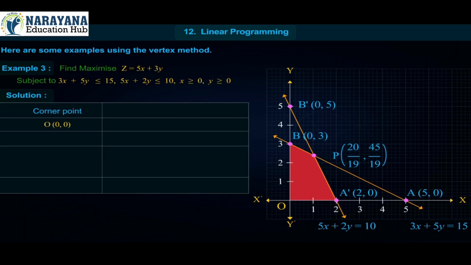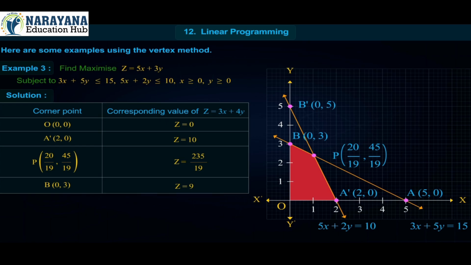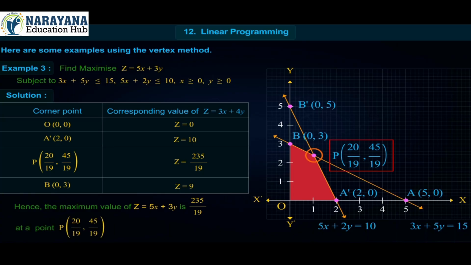Corresponding values of z equals 5x plus 3y are z equals 0, z equals 10, z equals 235 upon 19, and z equals 9. Hence, the maximum value of z equals 5x plus 3y is 235 upon 19 at the point P (20 upon 19, 45 upon 19).